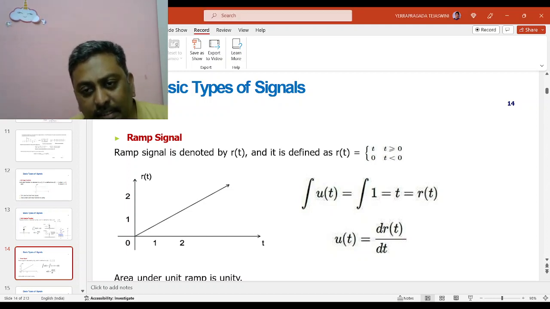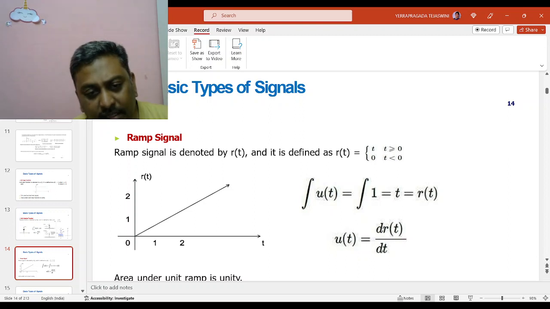You can see here, when the time is greater than or equal to 0, R of t is equal to t. Next, it is 0 when t is less than 0. That is, with increasing time, the value of the ramp signal is also going to increase.